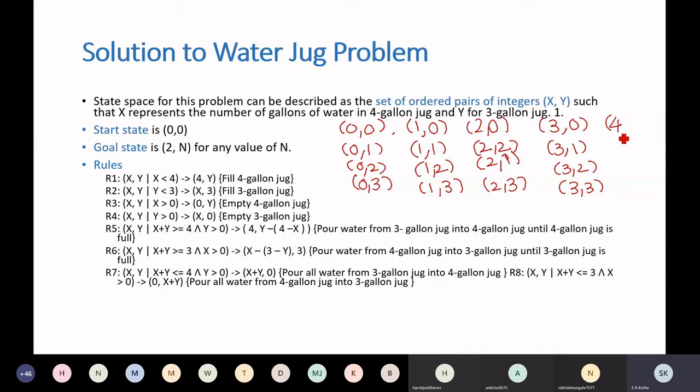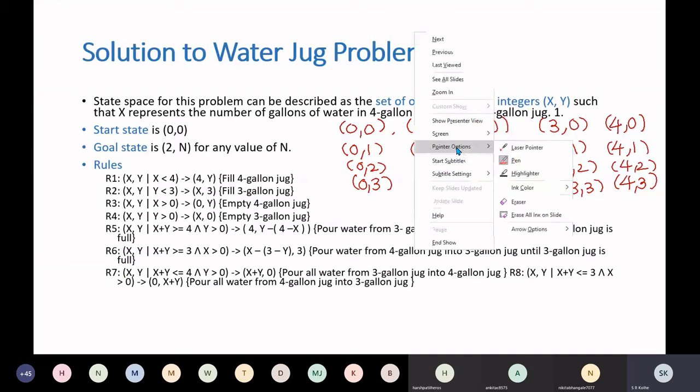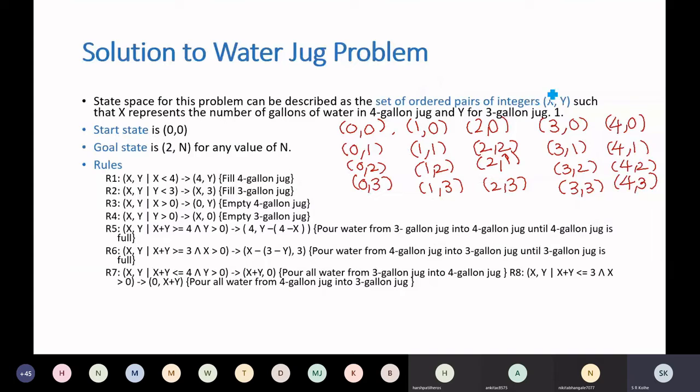and it's a 4-gallon jug, so it may contain 4 gallons of water also: (4, 0), (4, 1), (4, 2) and (4, 3). These are all possible states, or the state space, for the given problem. Now this is the complete set of states.